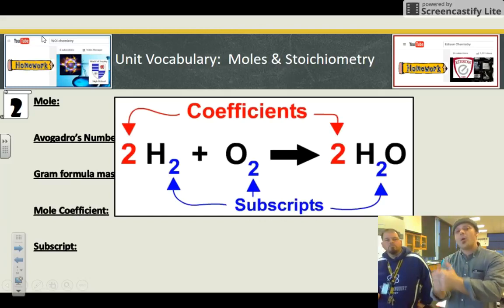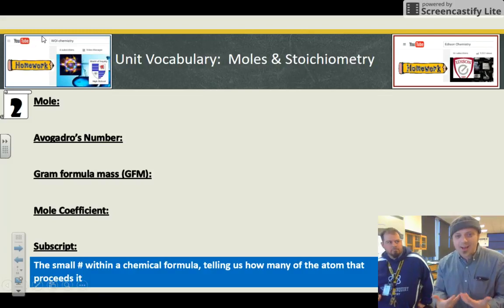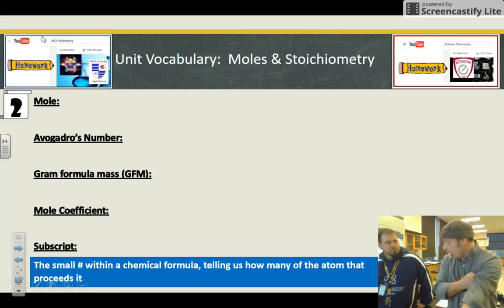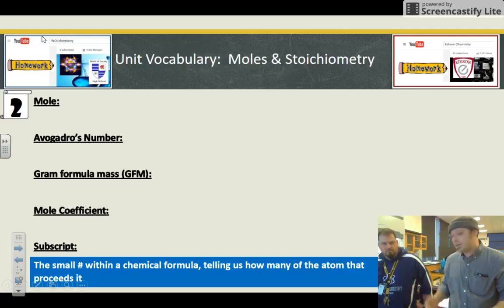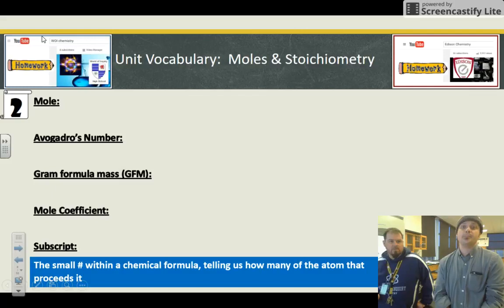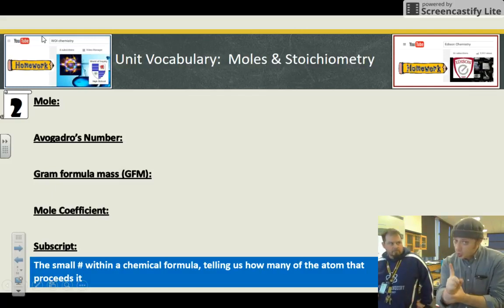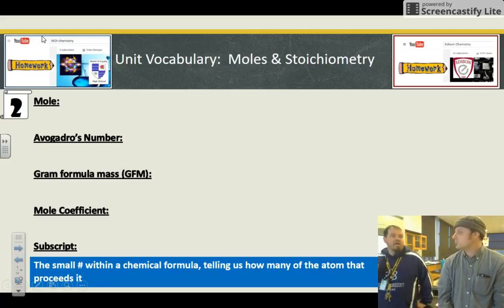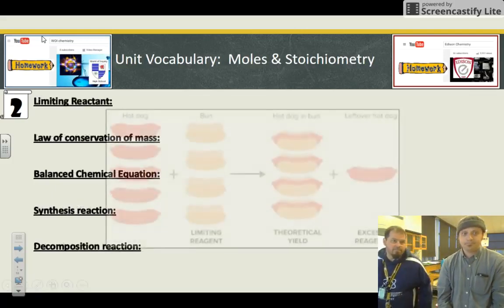Subscripts are telling us how many atoms of each type within the molecule are present. So H2O means there's 2 H's and 1 O in a water molecule. And the subscripts are what is telling us that. If there is no subscript, we assume there's a number 1 there. And then this gets back to counting. We need to be able to count right every time to get this whole unit right.